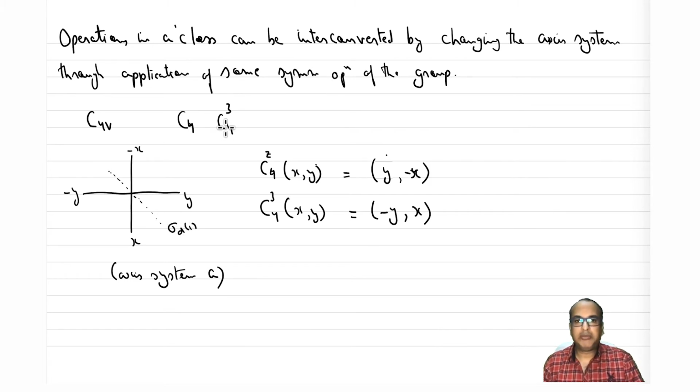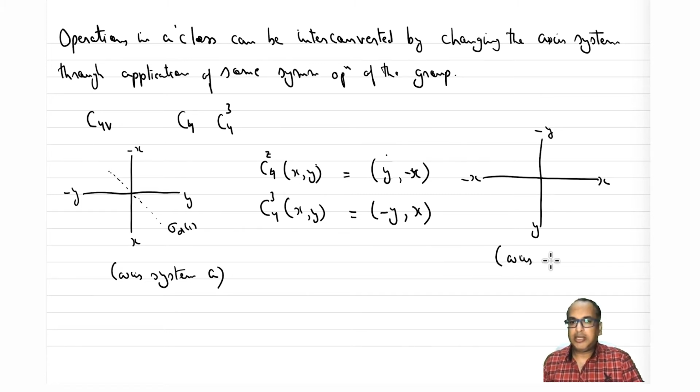Sigma d1 is part of this C4V group. So if we change the axis system, we go to y, x, minus y, minus x, right? Let me name it as axis system B.